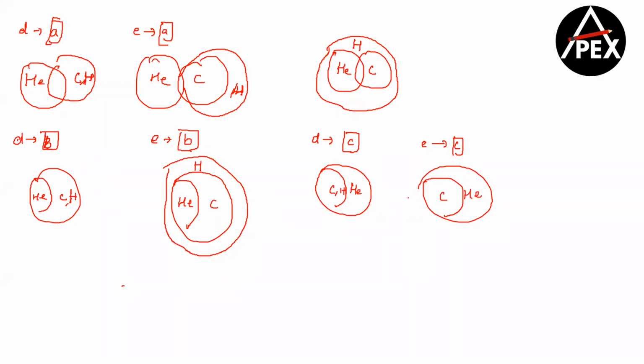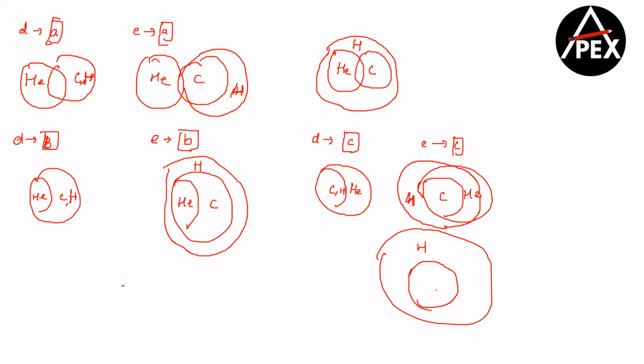But this time, what do we know? We know that H is outside C. So maybe one possibility is this is H. The other possibility is H is completely outside. And the first diagram as we've drawn, C and on top of this is HE. So these are all the diagrams that we can draw.